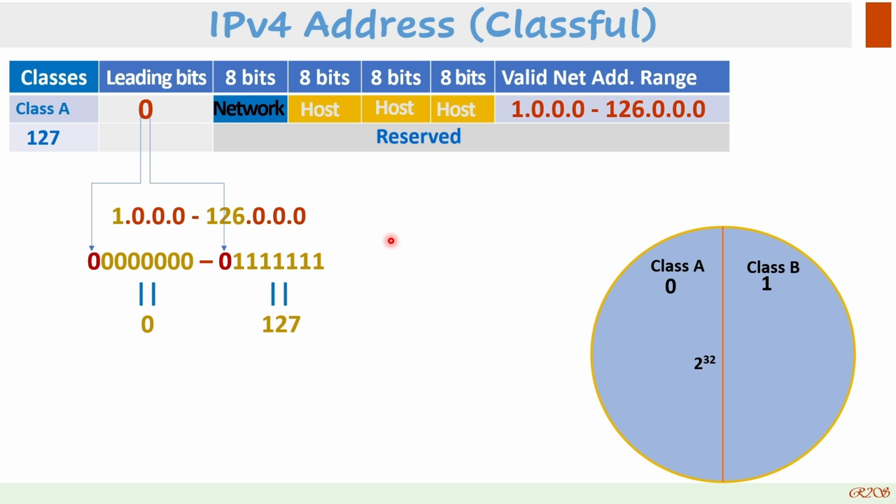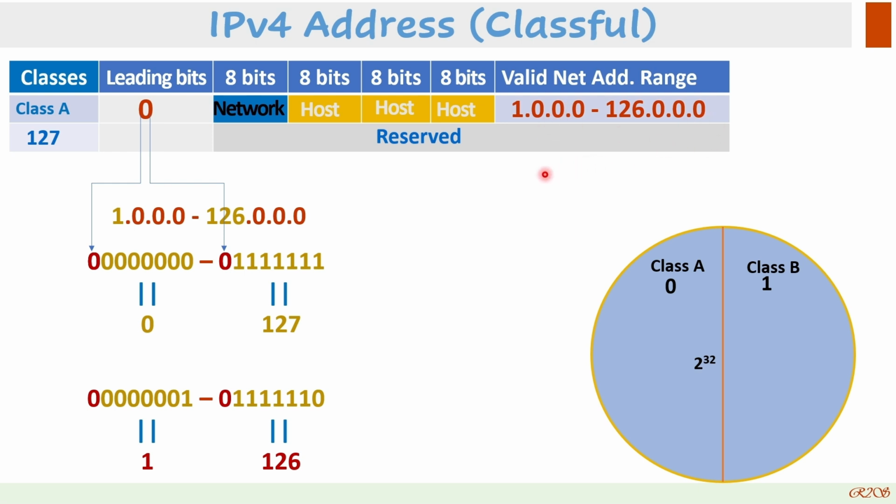So 1 less than 127 is 126, and all 0 is 0, so we start from 1. The range for class A networks is 1 to 126, and all other bits are host bits.